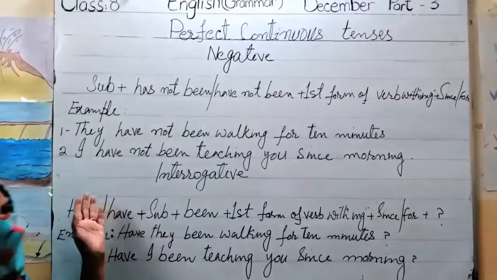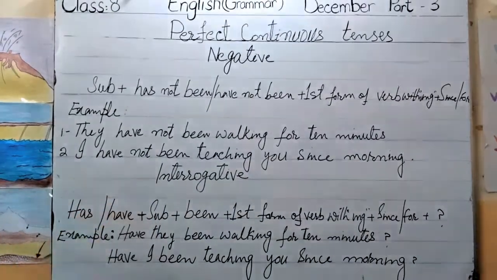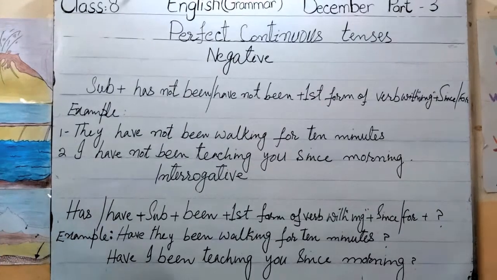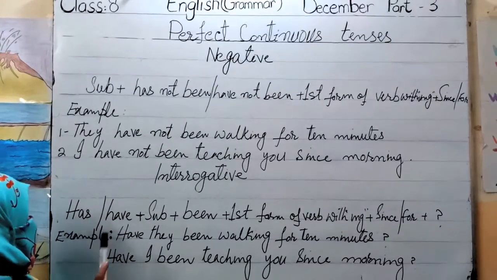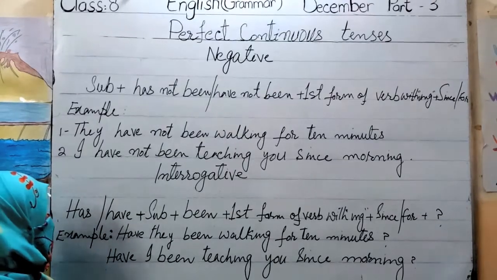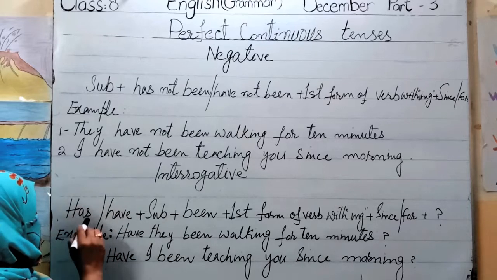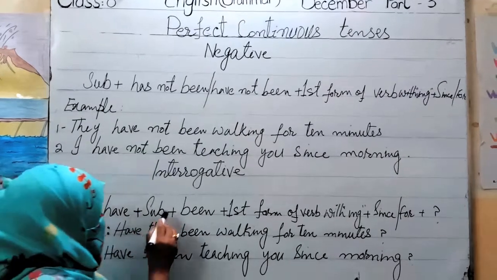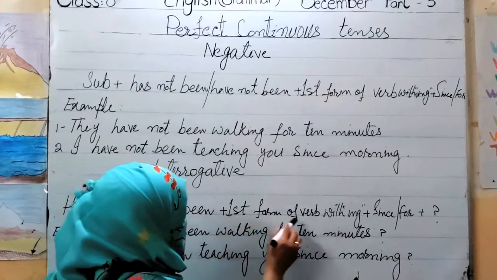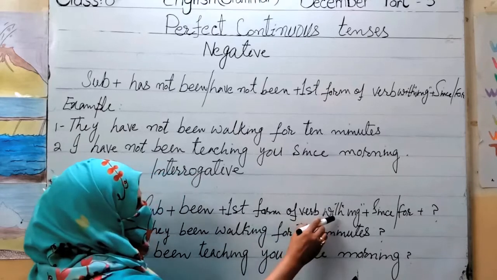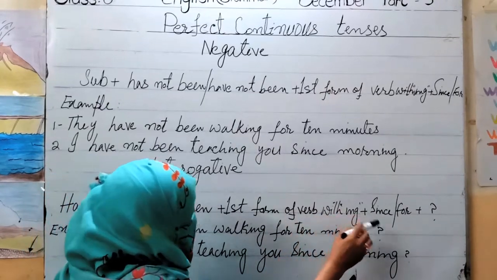Let's move towards the formation of interrogative sentence. For the structure of an interrogative sentence, first you will write has or have before the subject, then subject, then been, then first form of verb with ing, that is present participle form of verb, and since or for.